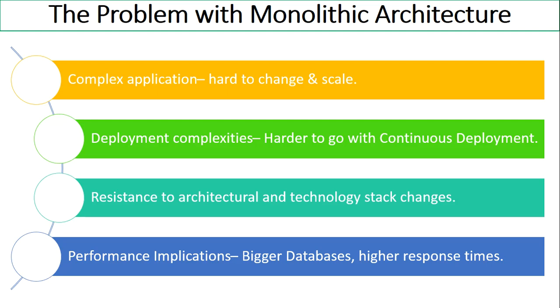The third problem that we see and observe for this monolithic architecture is the resistance to architectural and technology stack changes. When we are implementing an application or a solution based on the requirements from the business, we initially select some technologies and tools, and we come across the complete set of technology stack.